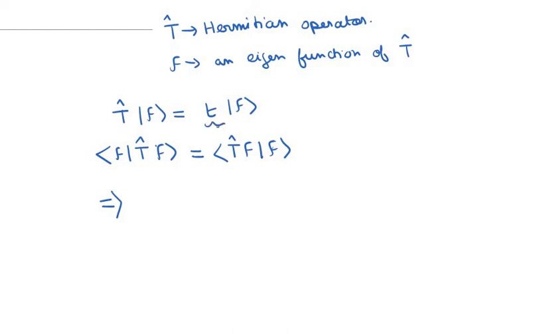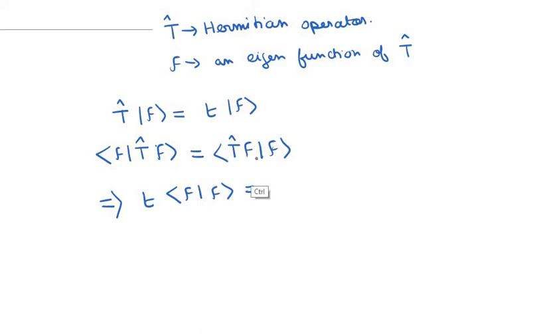This t is a number, so it gets out of the inner product, so this becomes equal to t (f, f). Now this one is basically the bra part, the complex conjugate part.